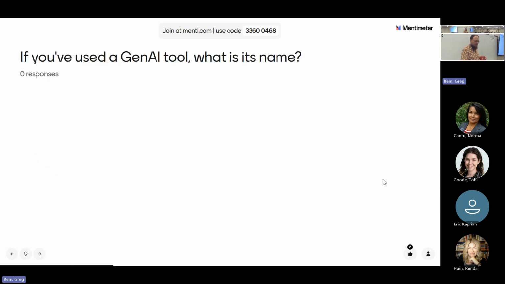Next question. If you've used a Gen AI tool, what is its name? If you don't know, that is perfectly okay. If you don't remember the tool's name, perfectly okay.